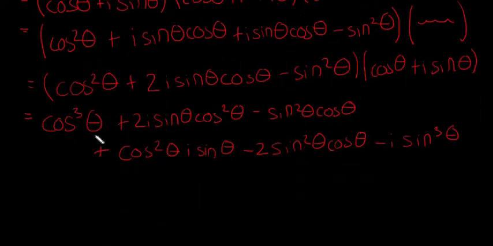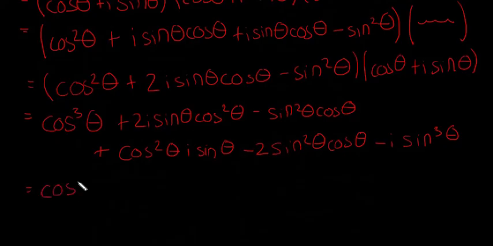Okay, yeah, so if we look at some of these, they're actually the same. So this one here, 2i sine theta cos squared theta is the same as cos squared theta i sine theta, so they're just rearranged. This is 2 and this is just 1. So first I'm going to write this on its own.